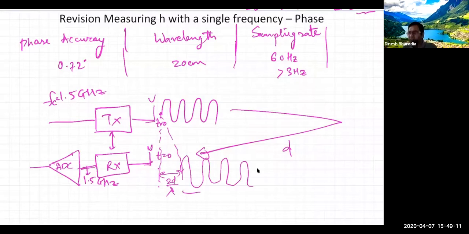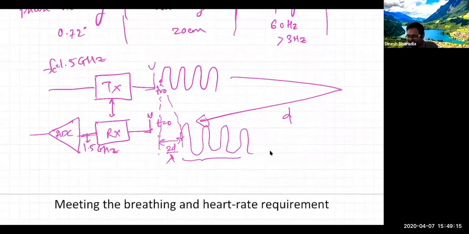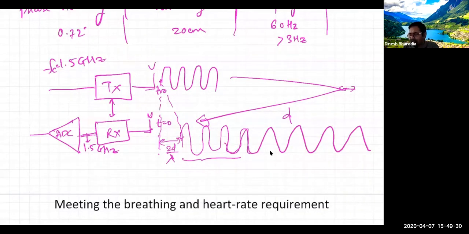Now, what is really happening in the physical world? What's really happening is that this d is changing a little bit here and there. What that really means for this sinusoid is that it's getting a little bit stretched sometimes, and sometimes it's getting squeezed.